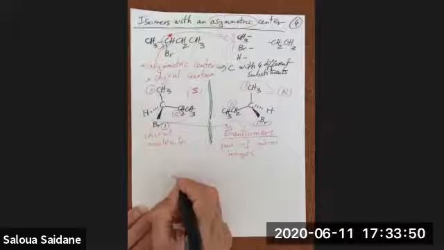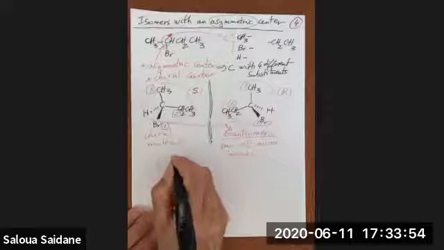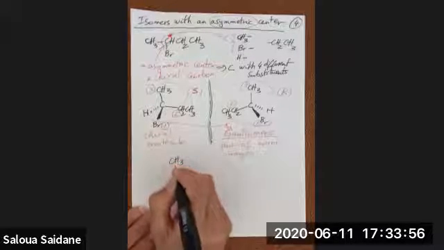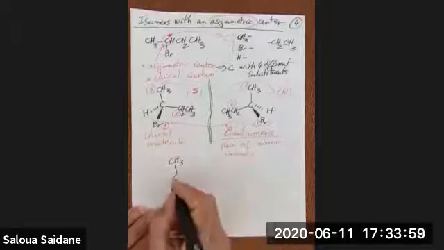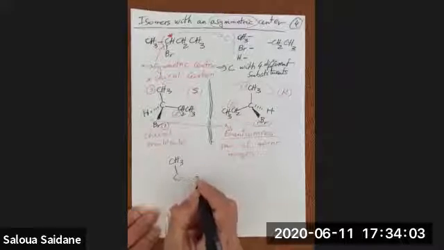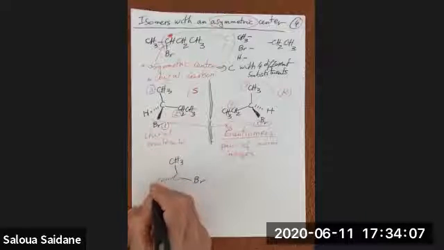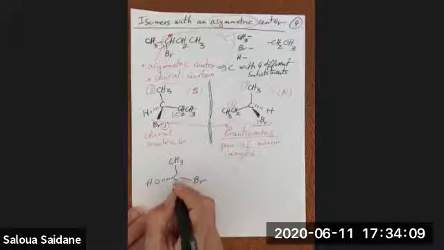So I have here CH3. I'm making another one. I'm putting here a bromine. I'm putting here in the back an OH, and I'm putting an H in the front.